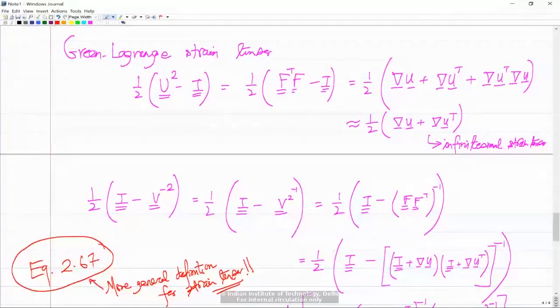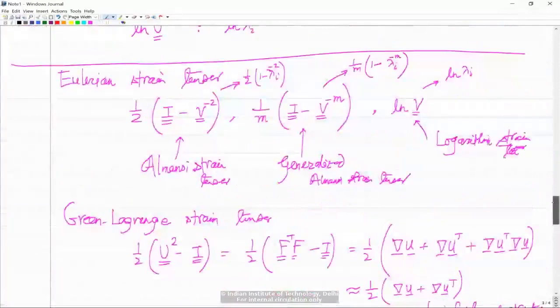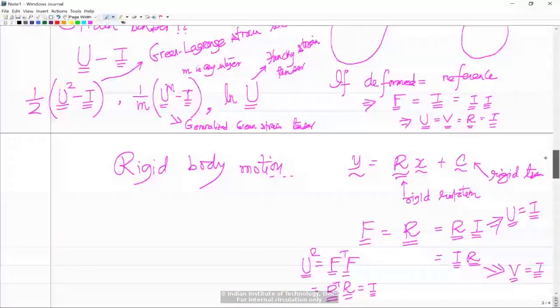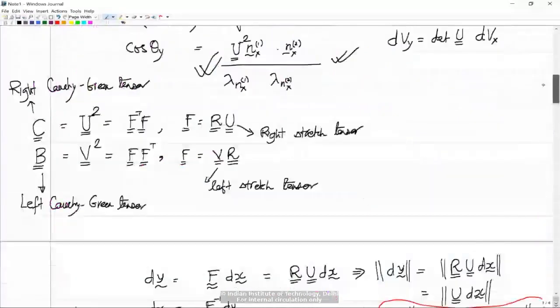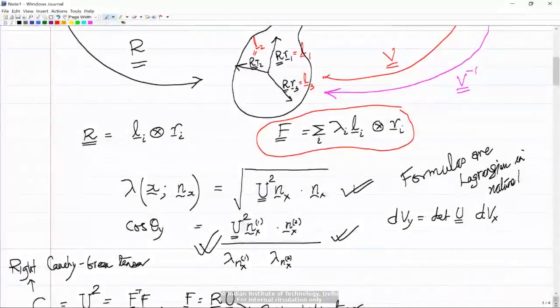Any other question? In part of the lecture, we obtained the F tensor in terms of the eigenvectors and eigenvalues. Let me go there. So are you talking about this formula? If so, it's not so difficult to derive. You see, F is R times U, right?